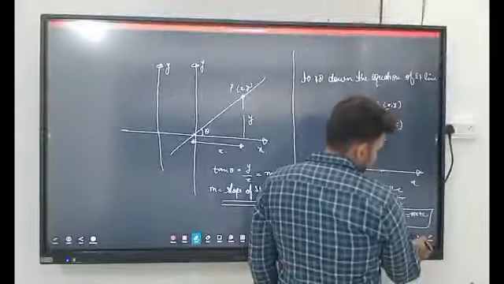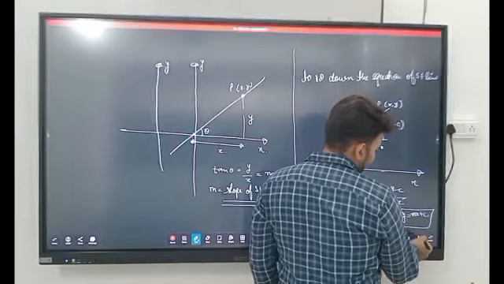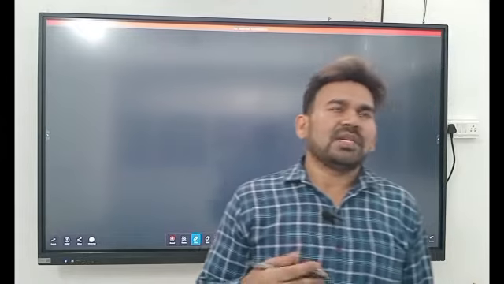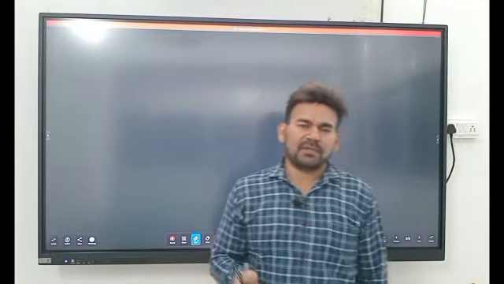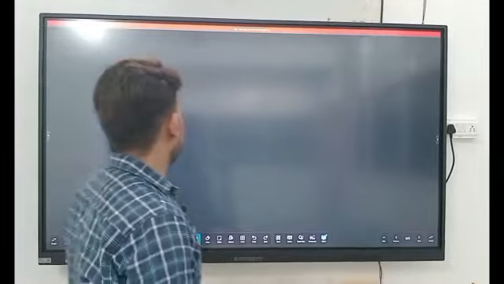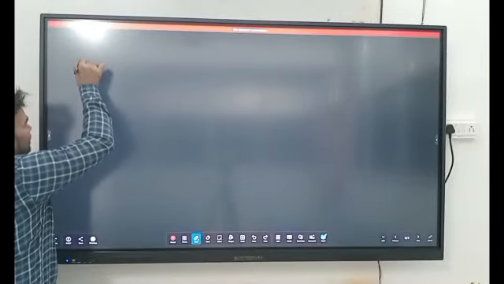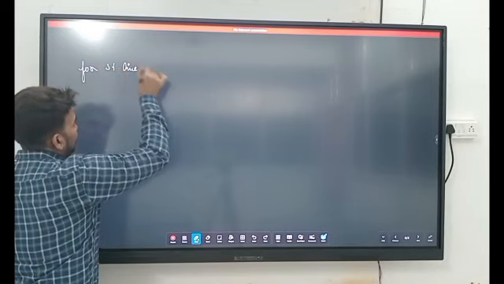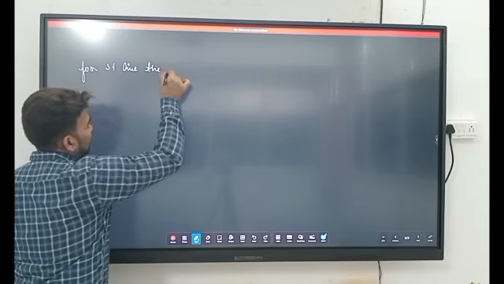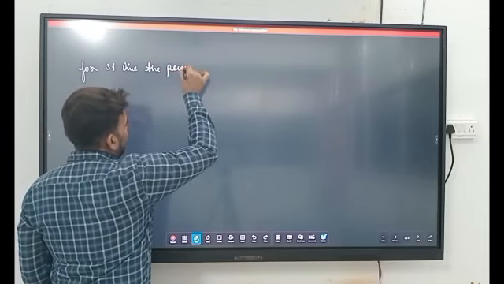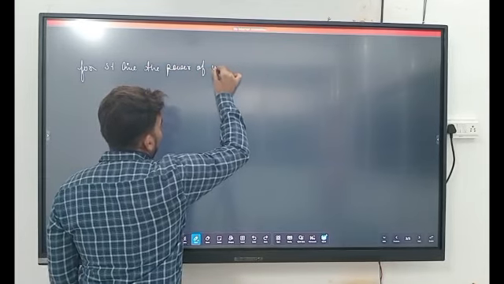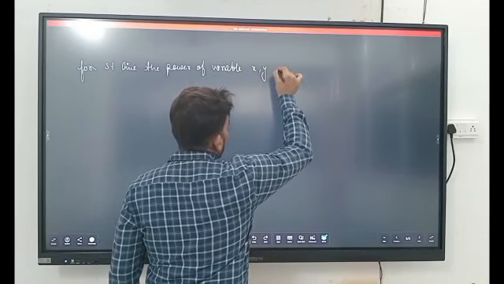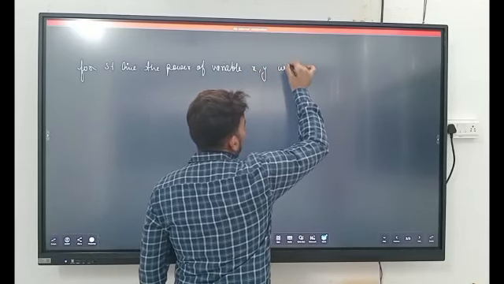If any equation is given in the xy format, how will you get to know whether the equation represents a straight line or something else? Always remember that for a straight line, the power of the variables x and y will always be 1.